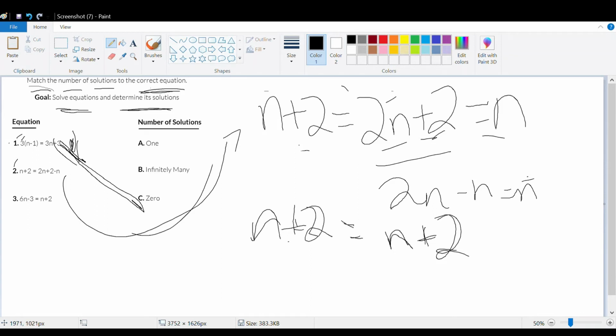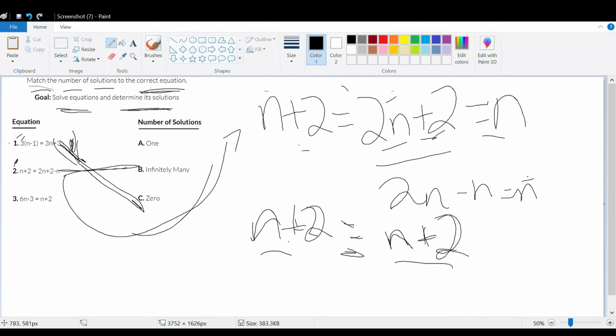And we all know that n plus 2 does equal n plus 2, because it's the exact same equation. Therefore, the second equation has infinitely many solutions. Just a quick reminder, infinitely many solutions means that whatever number the variable is, the equation is true.